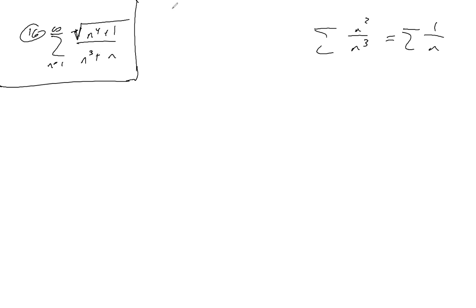So how can I show that? Comparison test, maybe. But I know from experience that if I try to compare this to n squared over n cubed, this denominator is bigger, but it's counteracted by the fact that this numerator is bigger.